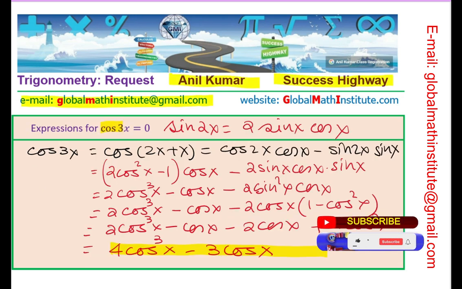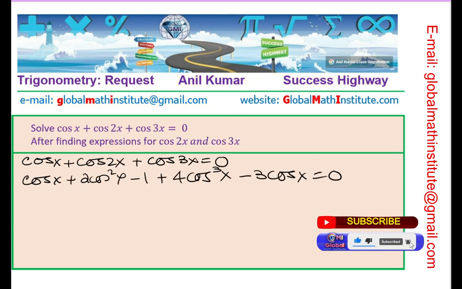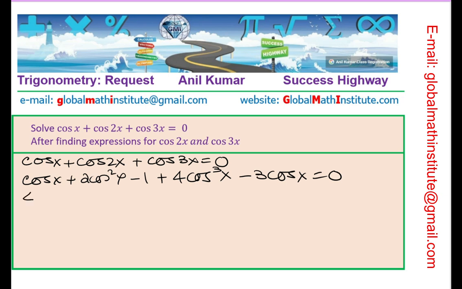So once again, cos 3x is 4 cos cube x minus 3 cos x, which we substituted here. Now this equation can be rearranged. So let's write them in order. So we get 4 cos cube x. As far as square terms are concerned, we got 2 cos square x. We can combine the cosines, which is minus 2 cos x minus 1 equals 0.